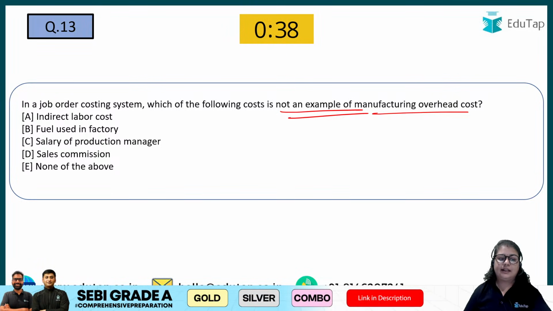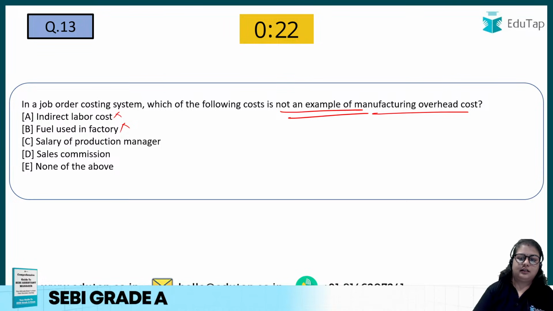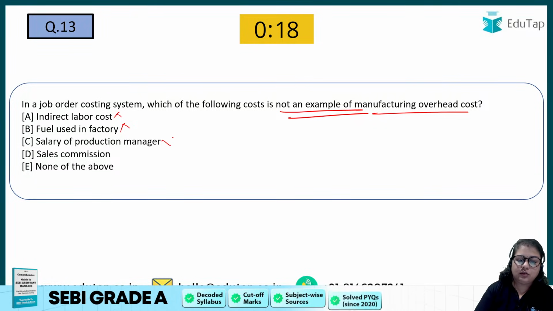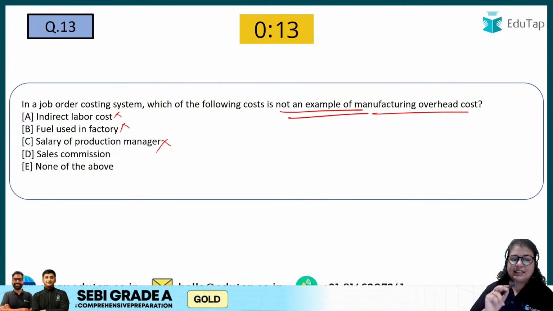Indirect labor cost is a part of manufacturing overhead, so this is a wrong option. Fuel used in a factory, again it is an indirect expense, so this is also incorrect. Salary of the production manager, again it is a manufacturing overhead, an indirect expense, it will come under indirect labor, so that is also wrong. Then D, sales commission.